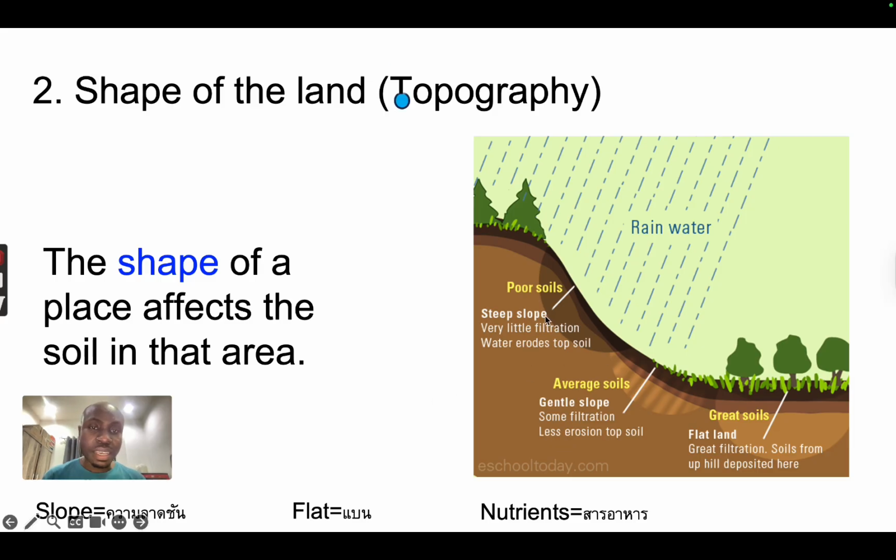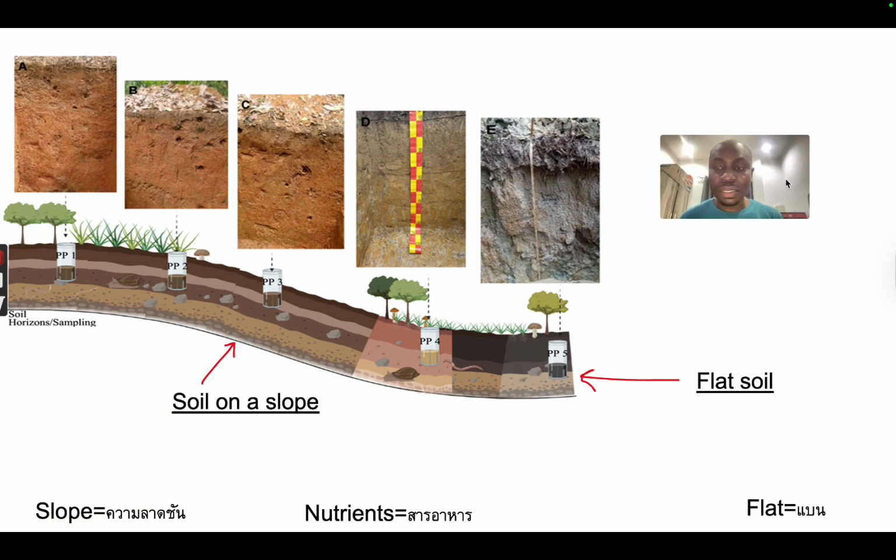Example, if there is rain, the rain will wash down the slope, and when it washes down the slope, it will take the topsoil and bring it to the flat soil. So the soils on the slope usually have less nutrients. They are not good because the rainwater will wash the nutrients to the flat soil.